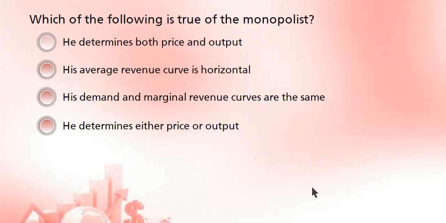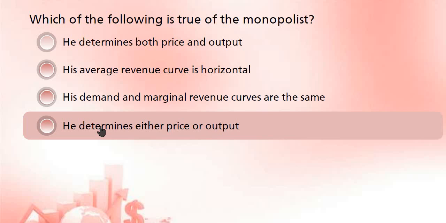Question 21. Which of the following is true of the monopolies? A, he determines both price and output, B, his average revenue curve is horizontal, C, his demand and marginal revenue curves are the same, D, he determines either price or output.